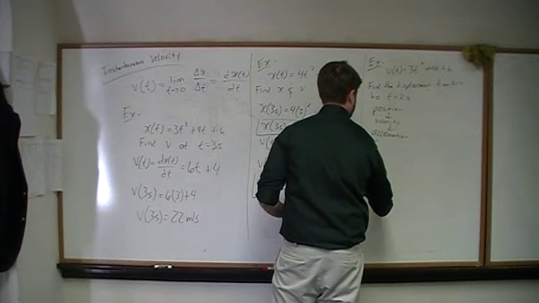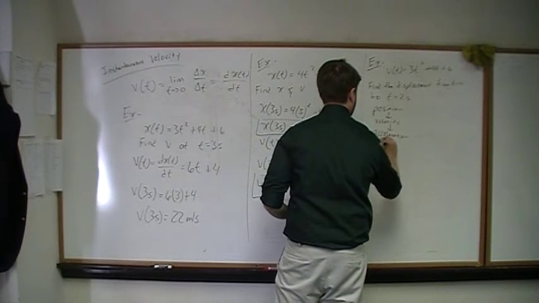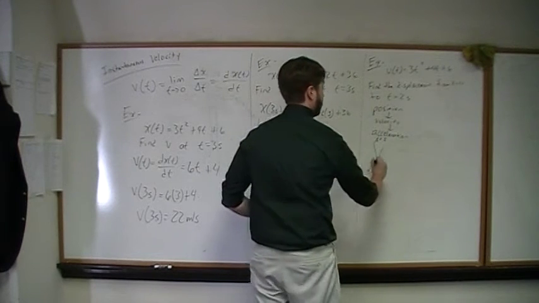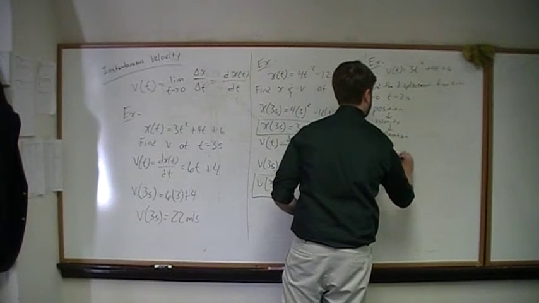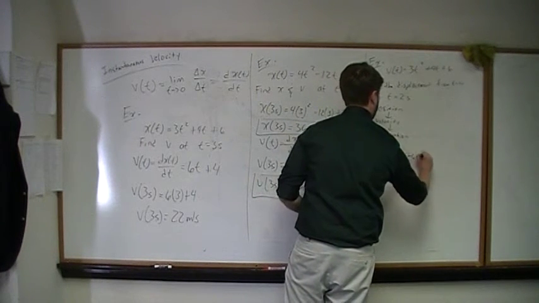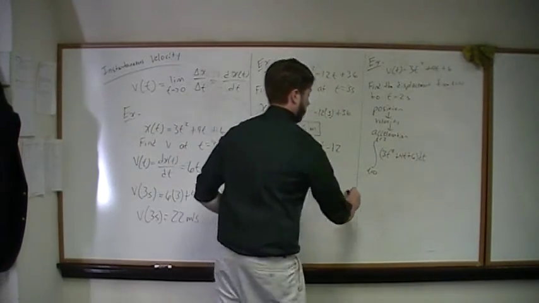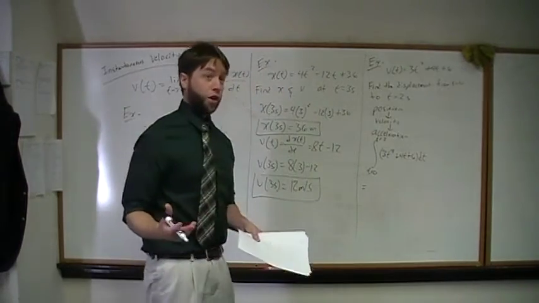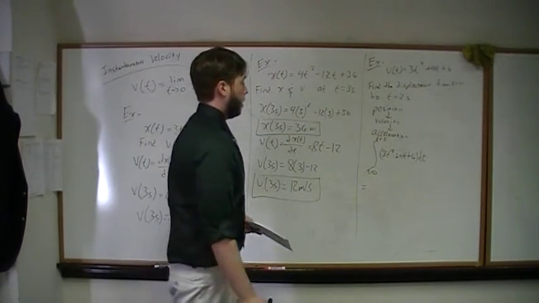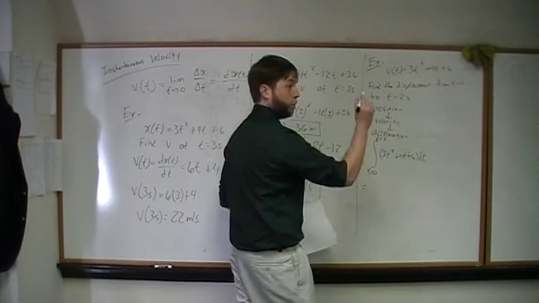We're going to integrate from t equals 0 to t equals 2 our function, 3t squared plus 4t plus 6, with respect to t. Another chance for us to check our work when it comes to taking derivatives. 3t squared goes to t cubed.